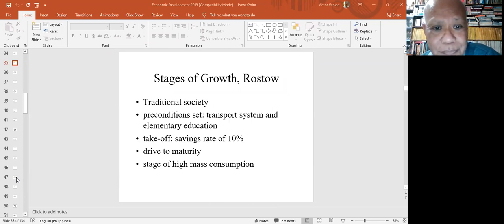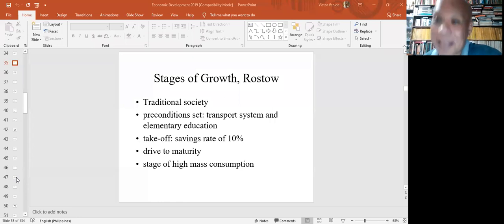So these are the main stages of growth. And later on, as we shall see, the idea of a developed economy being an economy that has a high level of mass consumption would also mean a high level of utilization of natural resources.